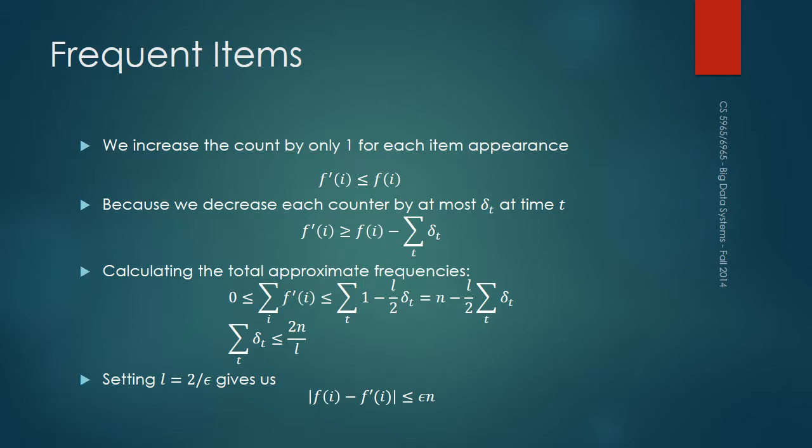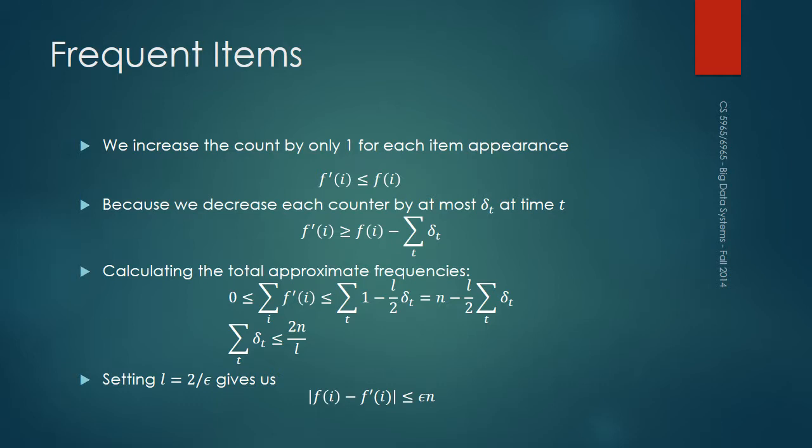Because every time a new item comes up, we are increasing f of i by adding 1 to it, but occasionally we are reducing some values, which is what is in our f prime. F prime is just a symbol notation, it's not a differential. This is just our approximation, the frequency that is retained by our approximate solution.